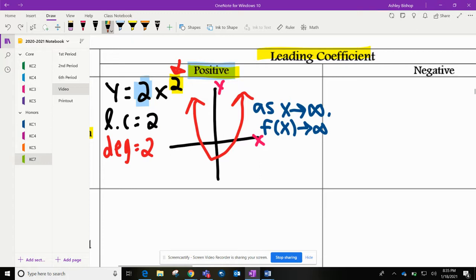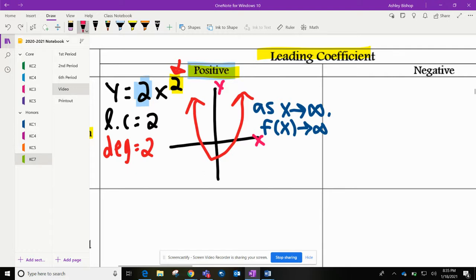And so that means as this graph goes forever to the right, forever this direction, f of x, which is my graph that I drew, which is my red graph, goes forever in the up direction. This graph goes forever up to positive infinity. Okay, so this graph goes forever up and to the right.